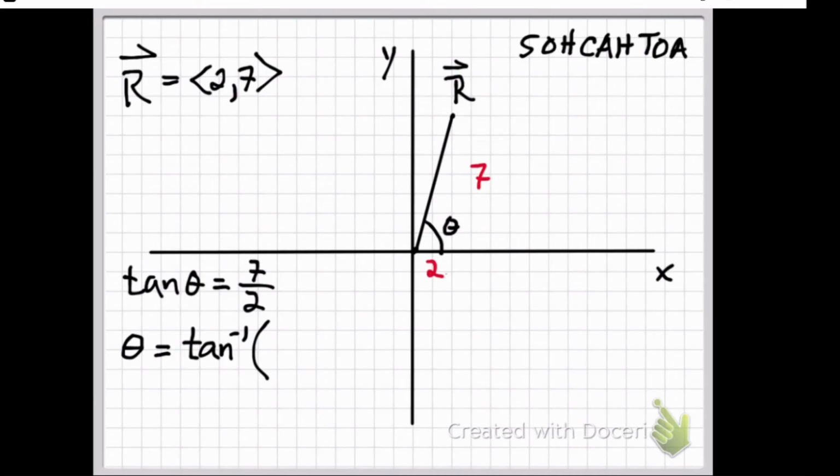That's a designation indicating that we're talking about the inverse tangent. An inverse tangent turns out to be an angle. We're trying to figure out what angle theta is, and the inverse tangent is going to give that to us. It's going to be the inverse tangent of 7 divided by 2.